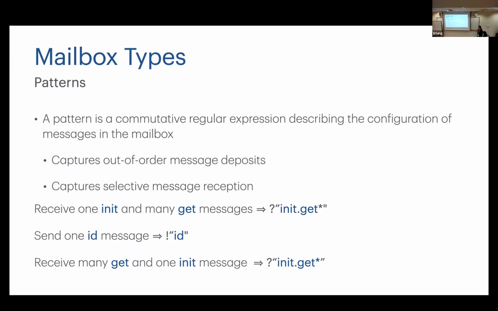Sending one ID message is represented by bang ID, and receiving many get messages and one init message is represented in the same way as previously, with question mark init dot get star, because it's a commutative operator.